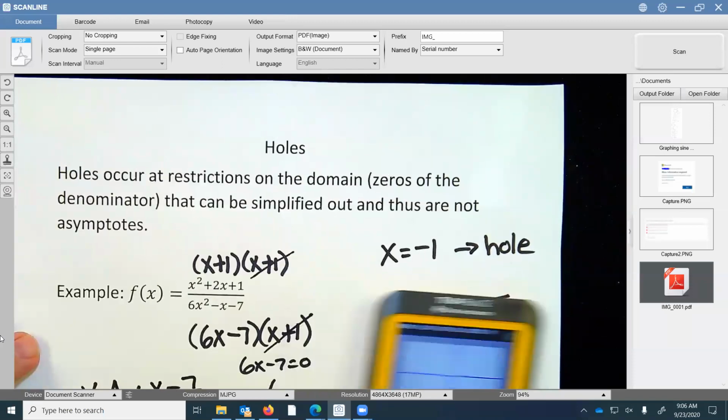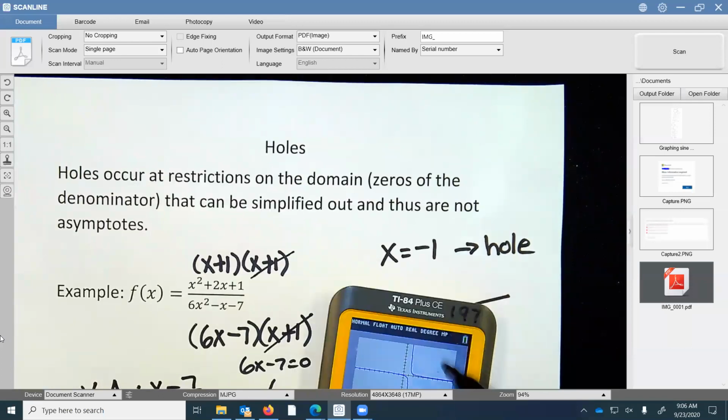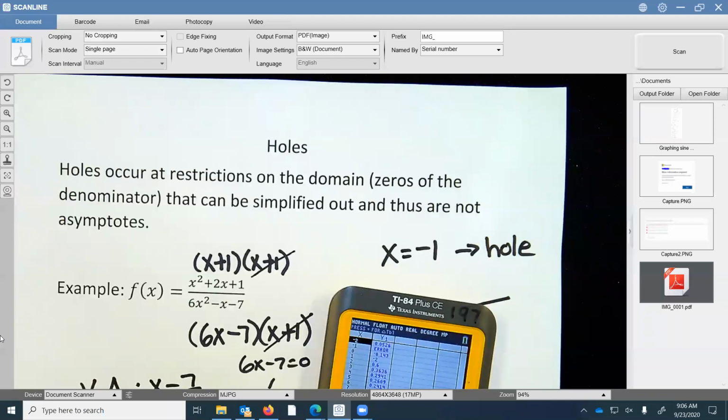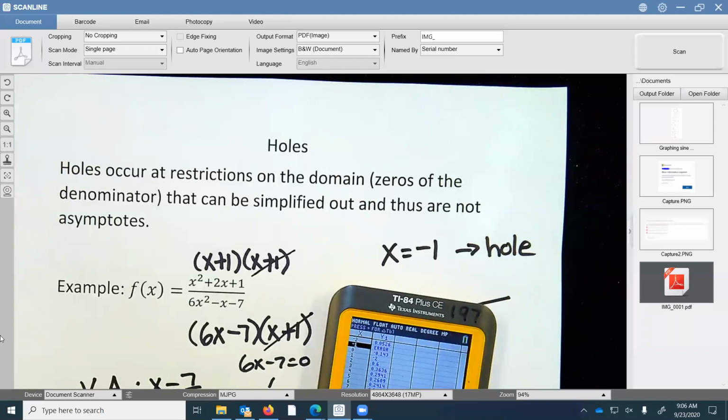If I go into my table, at -1, we see that it says error. But I can kind of zoom in on this. It looks like it's 0.0008, maybe something around that.